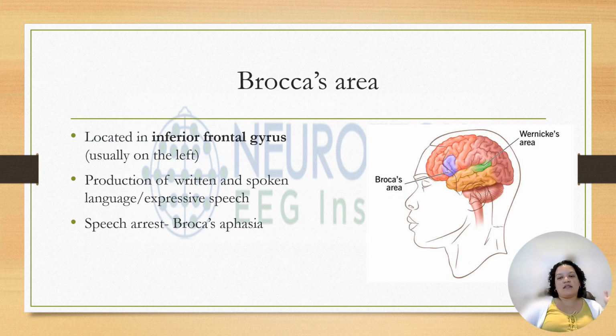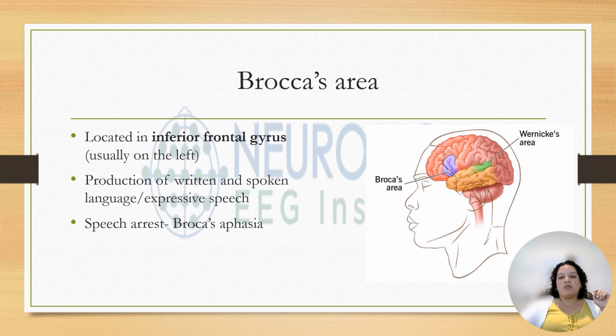Then we have the Broca's area. And the Broca's area is located right here in the inferior frontal gyrus. It's usually on the left. Why is that? The Broca's area and Wernicke's area both are usually on the left because this is where language is produced and processed, and it's usually on the dominant hemisphere or the dominant brain.